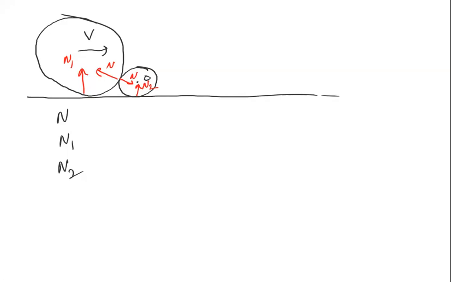No friction is there. I'm just asking about normal reactions. Which of these normal reactions is impulsive?